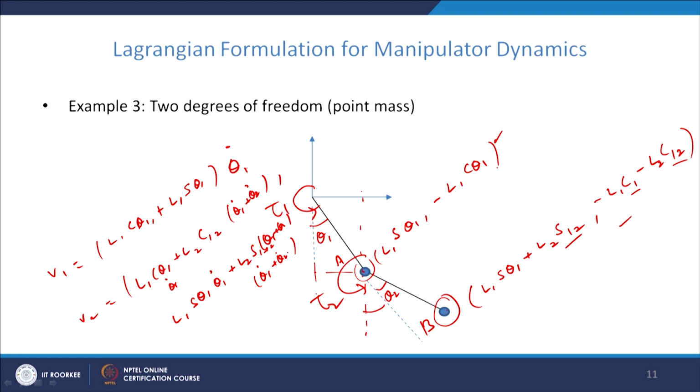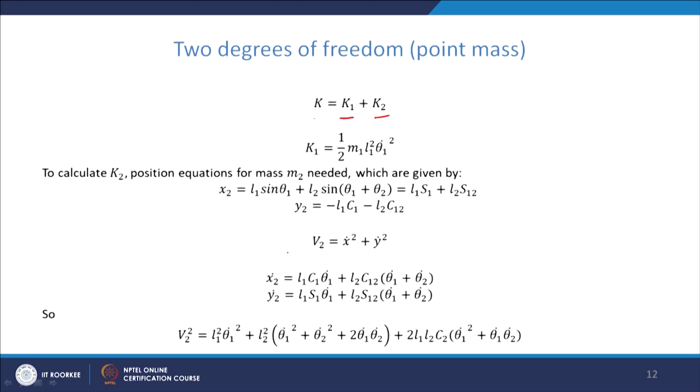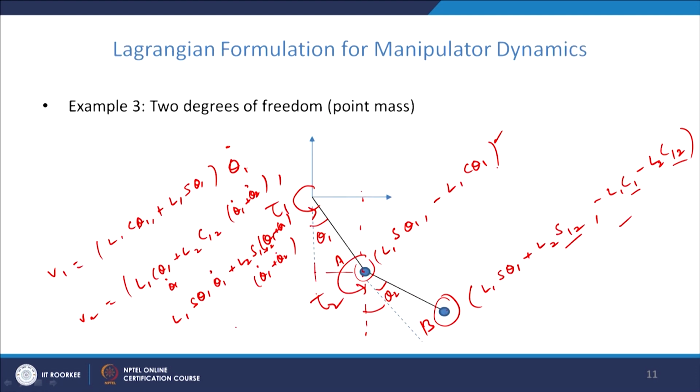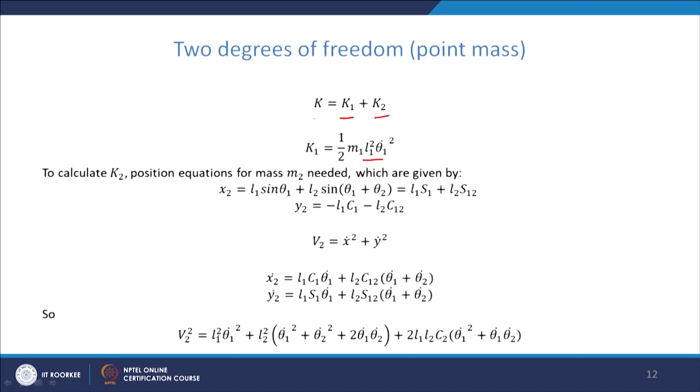Now, the modulus of V1 squared will give the velocity squared of the point A, that is nothing but L1 squared theta 1 dot squared. For the velocity of point B, we can easily see from here that if we take the square of the first term plus the square of the second term, we will get an expression like this.